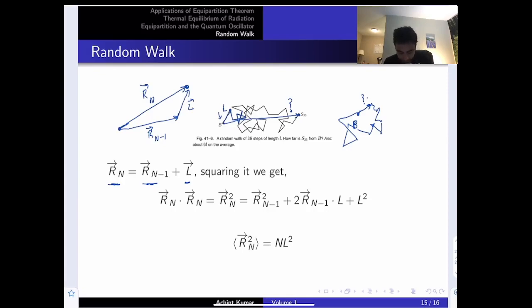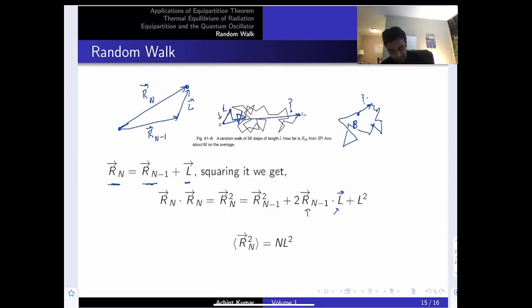Then I realize that Rn minus 1, the radius vector at Rn minus 1, is totally uncorrelated with the step that the random walker takes in the nth step.